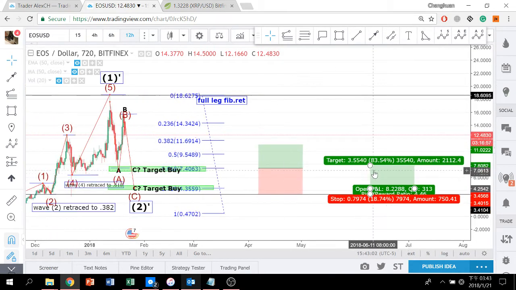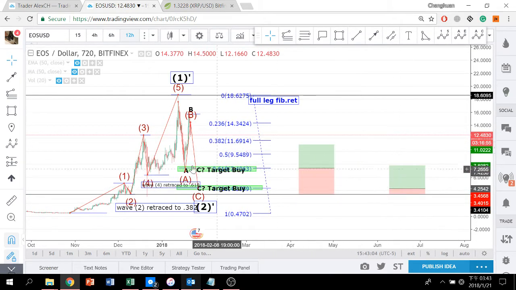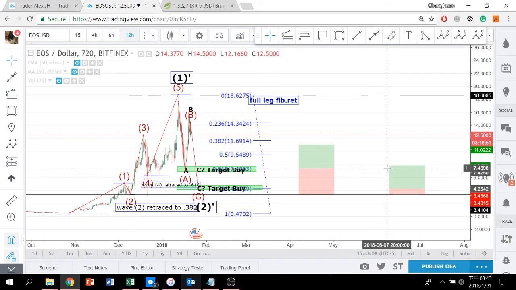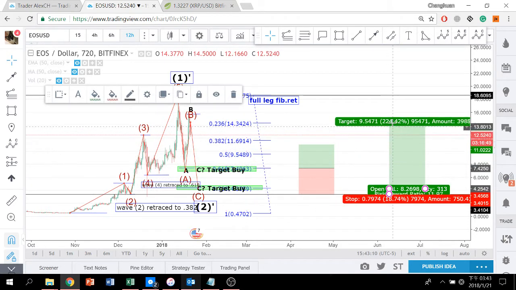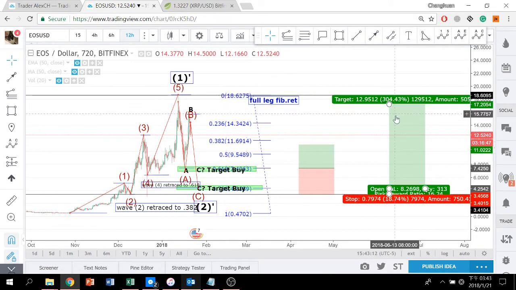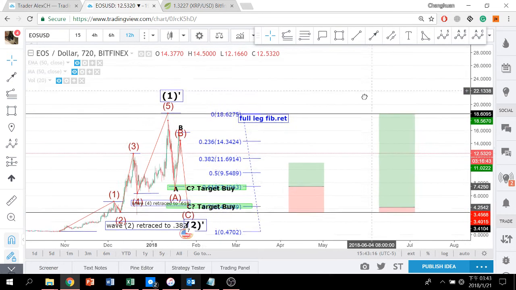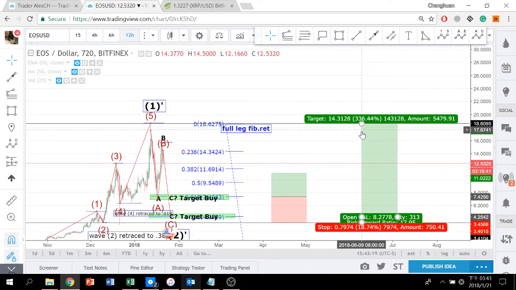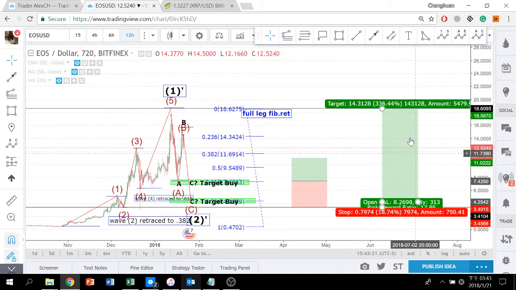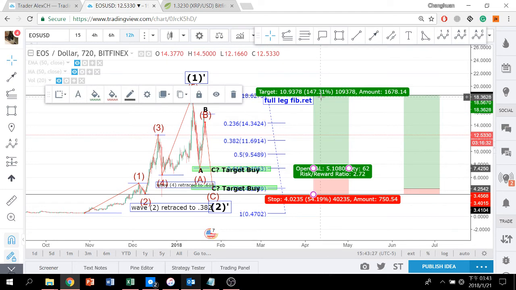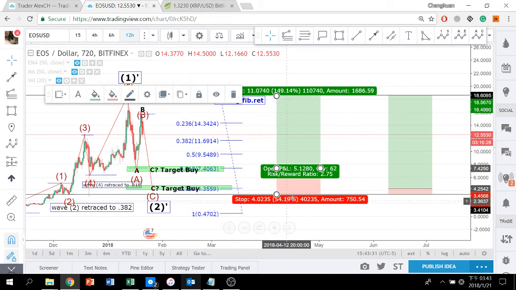Okay, so if we retrace back to point here and we buy, we can at least aim for a target of previous high, right? Just to be extremely conservative, we can at least aim for here. That would give you a 300% profit, whopping 300% profit, right? And even if you open it here and close it here, it will still give you a 150% profit.